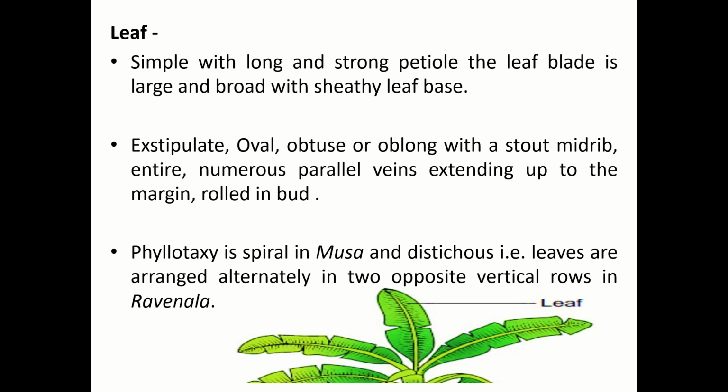Next, we'll move on to leaves. The leaves are large, sometimes oval, simple, stalked, and the sheath is long and broad. The blade is often oblong and the end is blunt. Stipules are not there, so we call it exstipulate.